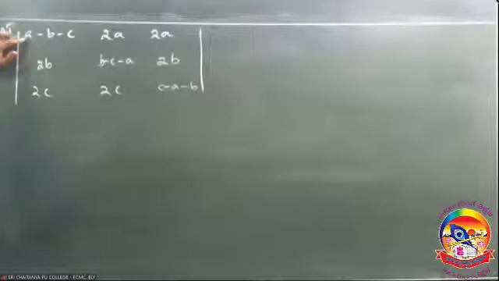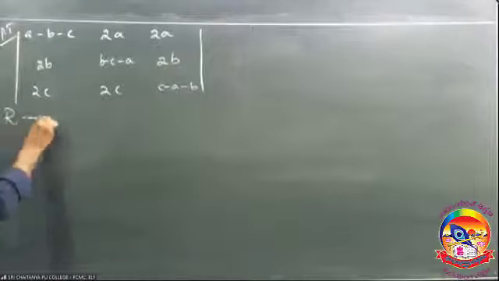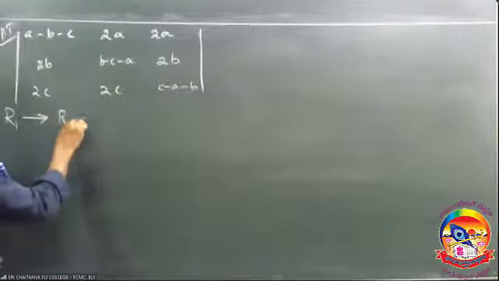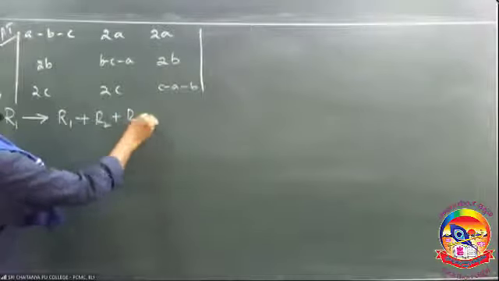Observe here: A positive, minus B plus 2B is B, minus C plus 2C is C. So R1 changes to R1 plus R2 plus R3, am I right?